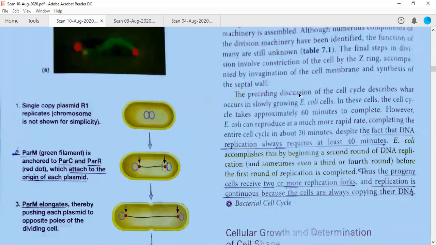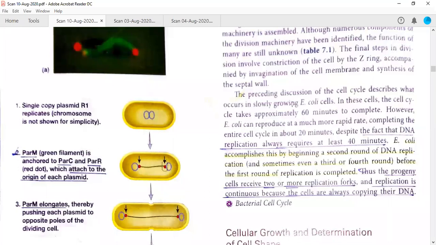The preceding discussion of the cell cycle described what occurs in slowly growing E. coli cells. In these cells, the cell cycle takes approximately 60 minutes. Some points are important, I want you to please note them. Each cell generally requires 60 minutes, but bacterial cells are able to divide every 20 minutes.